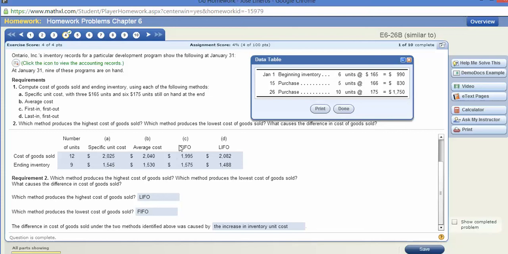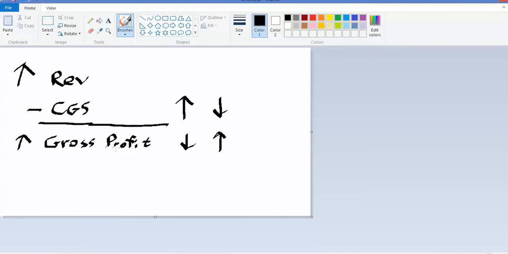Okay? The inverse is true. If I was to ask you which one of these will give you the lowest gross profit, in other words, the smallest number here, well, if you want this to be low, you need this to be high because they have inverse relationships. So you say, okay, cost of goods sold, I understand the relationship that as this gets higher, this gets lower.